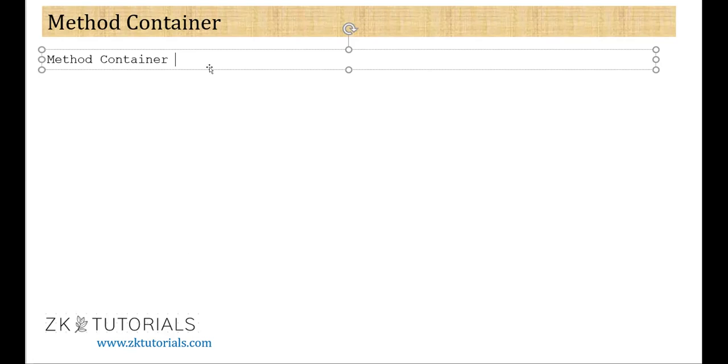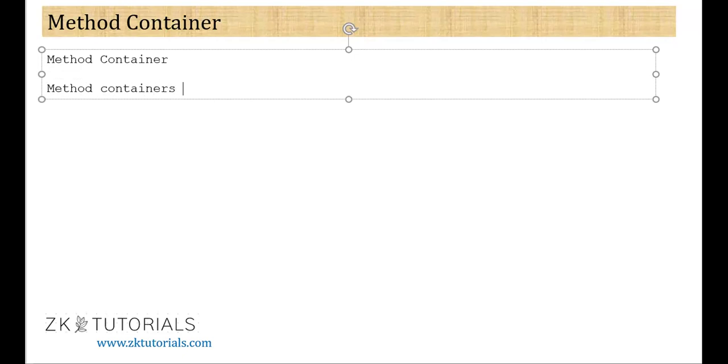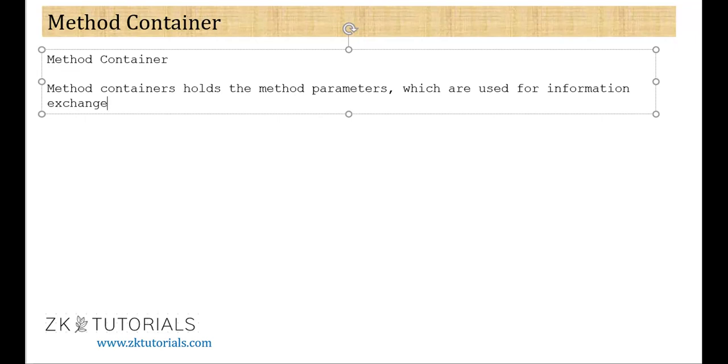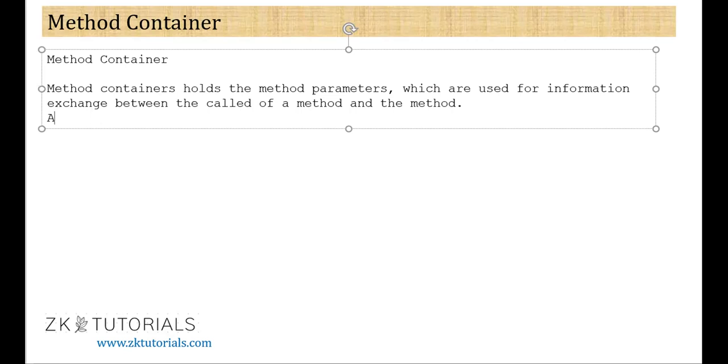Sorry, guys. So for method containers, we'll write here: the method container holds the method parameters which are used for information exchange between the caller of a method and the method, that is, from where the method is called and where the method is written.